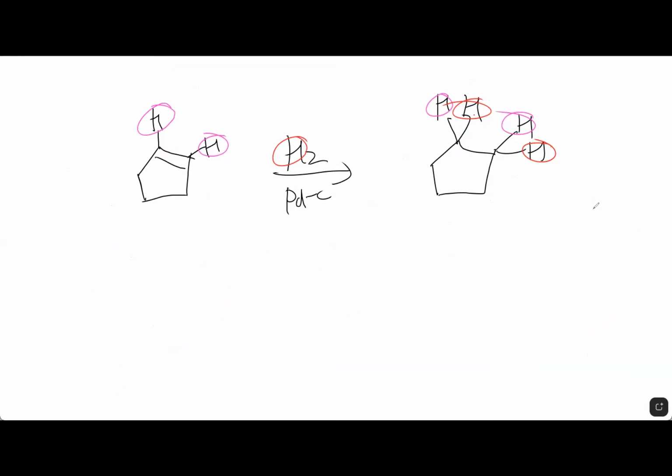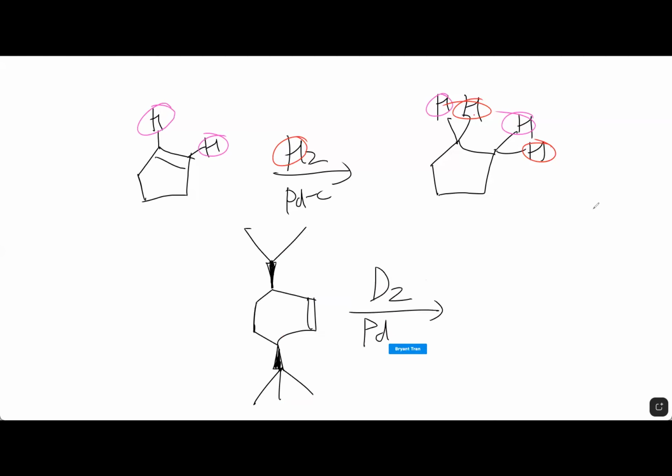It will go for the less hindered side. So let's say for an example, we have something like this. And he doesn't have to give H2. This works with D2 as well, where D2 is an isotope of H, called deuterium.